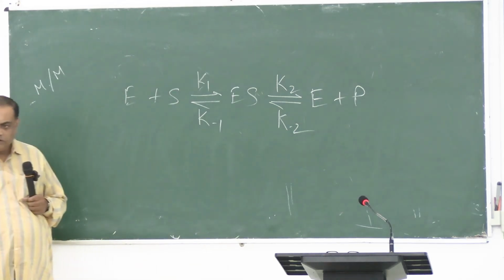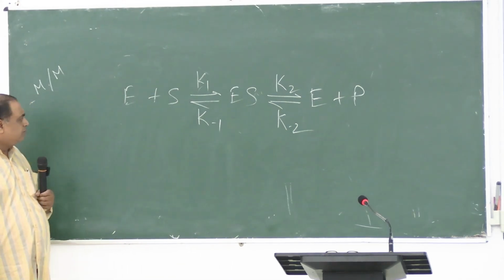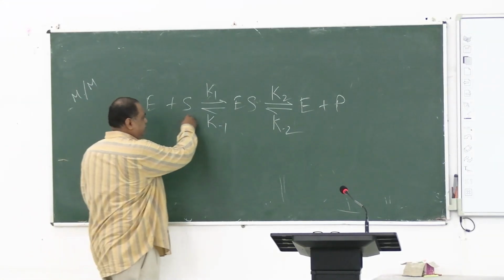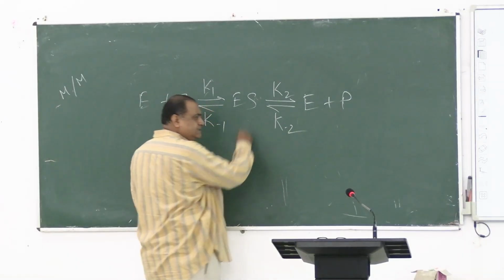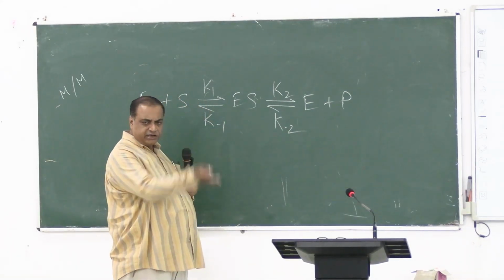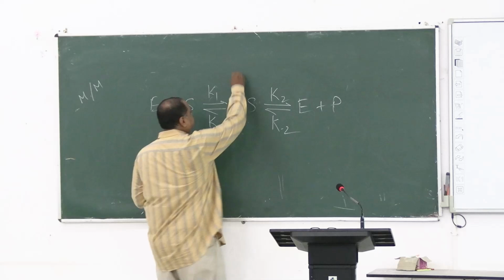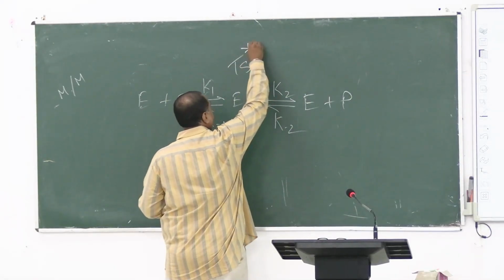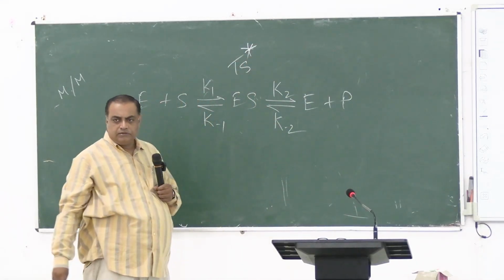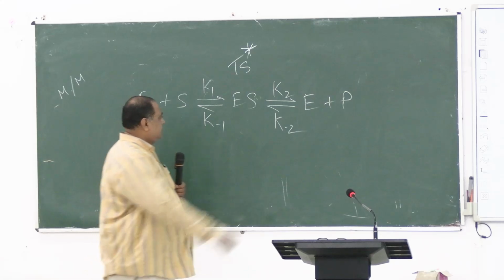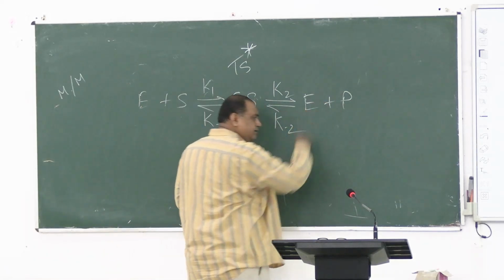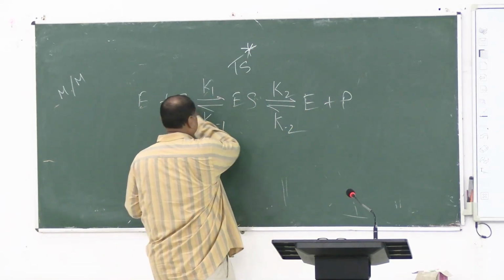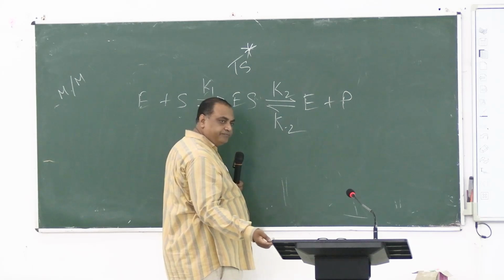Take a reaction where the enzyme combines with the substrate to form the enzyme-substrate complex. Then it has an equal possibility to go in either direction. Why? Because this is a transition state. So E plus P can be formed, or E plus S can also be formed.